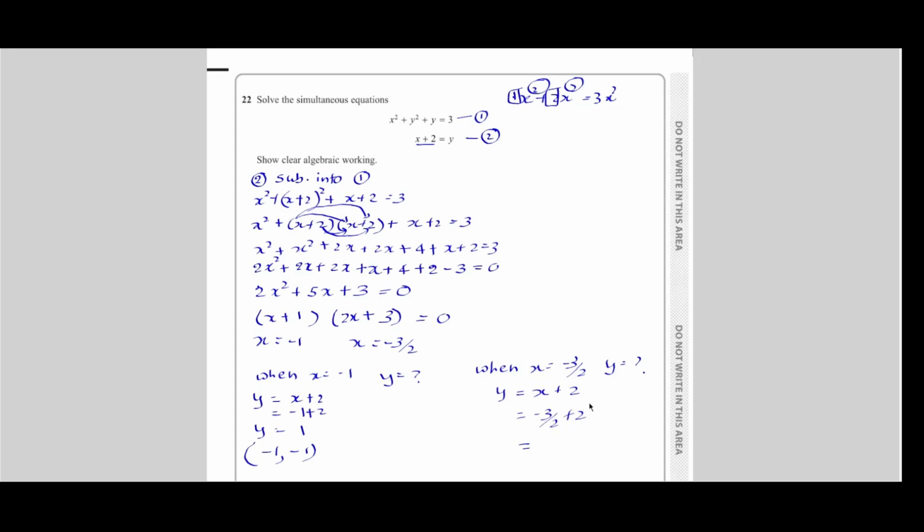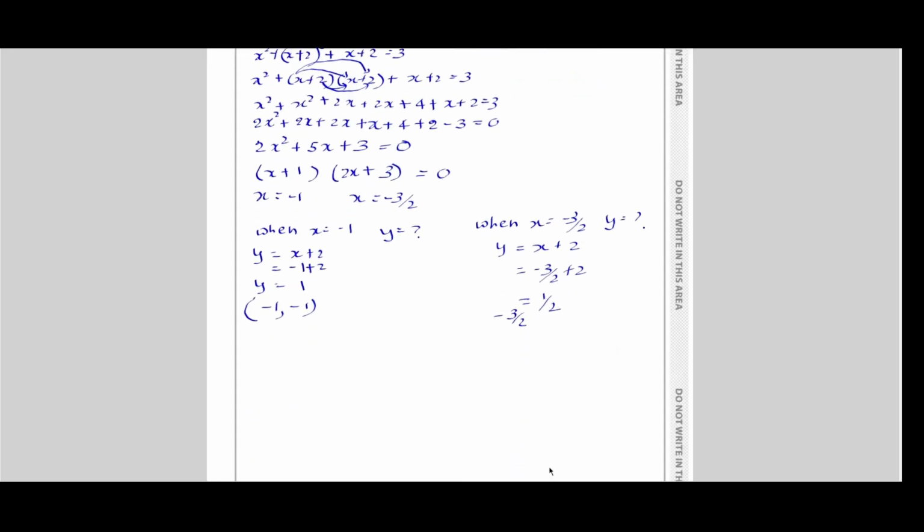Here we are getting y as 1 half. It is half. Then one answer, minus 3 over 2, comma, half. So these are the two answers.